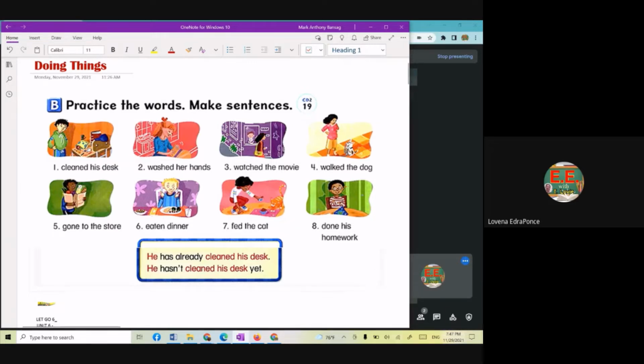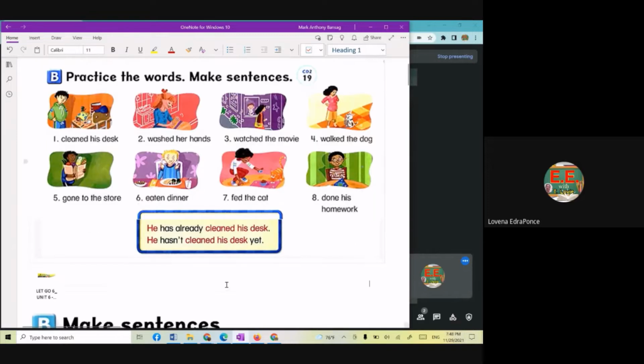Number 5. Gone to the store. Number 6. Eaten dinner. Number 7. Fed the cat. Number 8. Done his homework.